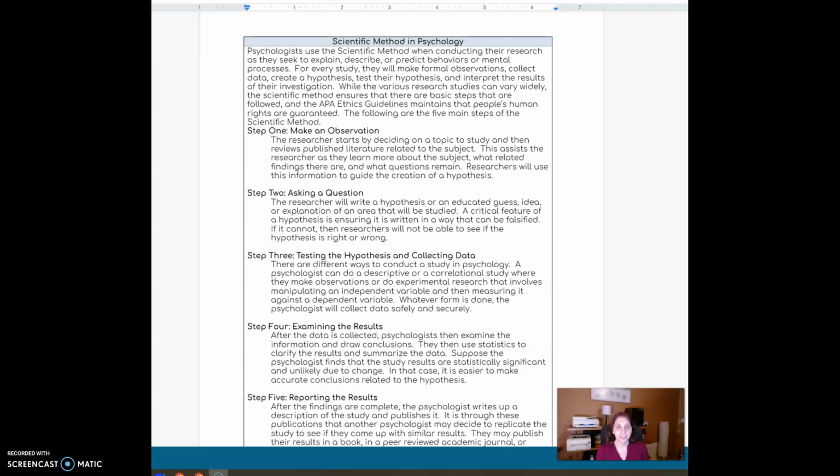And psychology, for the longest time, was just discussed. But when Wilhelm Wundt went into the lab and started conducting formal experiments and validated psychology as a science, he followed scientific method in his experiments.